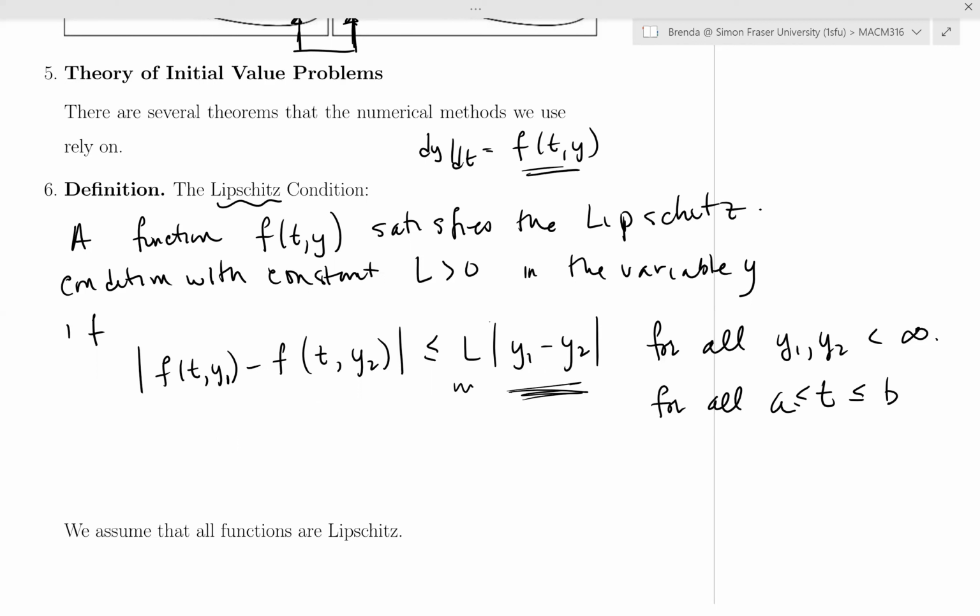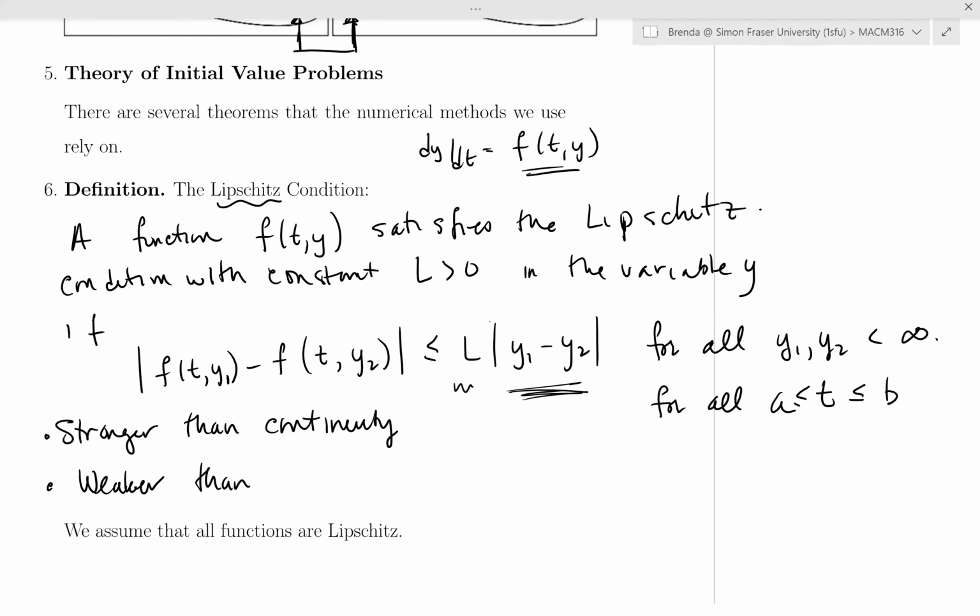So it is telling you that the derivative basically remains bounded. So this is a stronger condition than continuity. But it's not a condition on the derivative itself. We're not saying that the function is differentiable. We're just saying that the derivative is bounded. So it's stronger than continuity and it's weaker than differentiability.